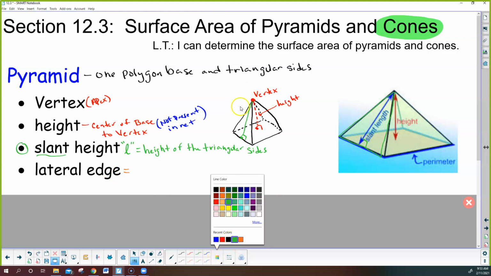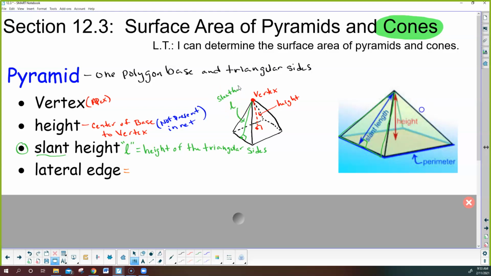And we usually use that lowercase l. So we go L or slant height.